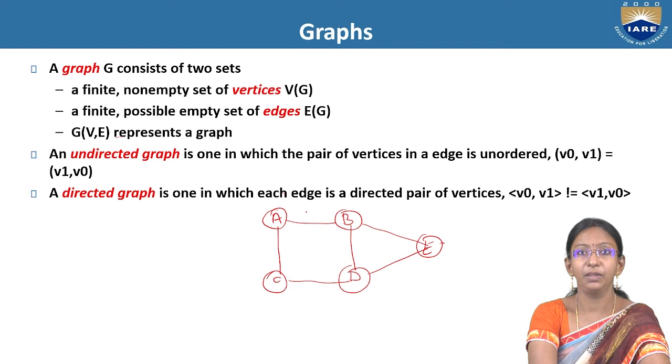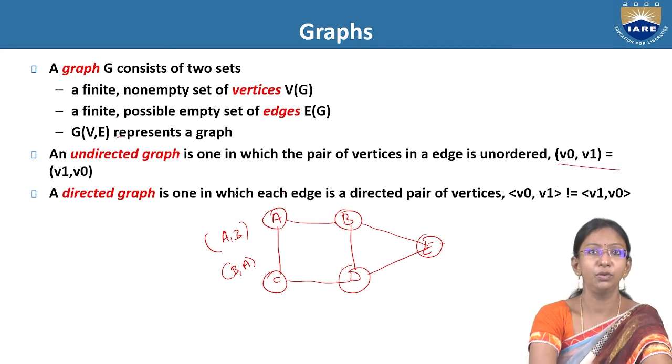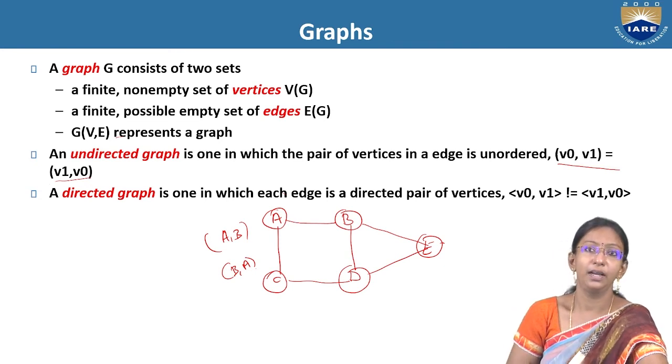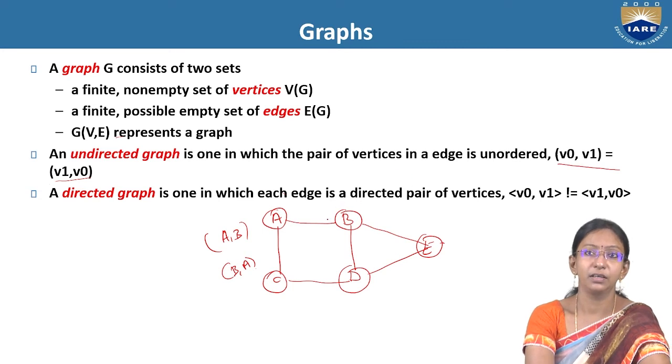If I claim that AB is an edge, then I can say that BA is also an edge, right? So the same point, as it is unordered, if V0, V1 is an edge, V1, V0 is also an edge and they are equal, right? What if your graph is a directed one?